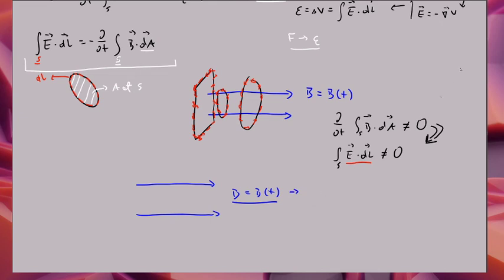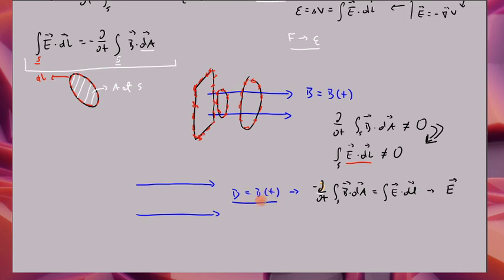So the time derivative of the flux, of B dot dA, is not zero through any surface here, and then you would get what that gives you. Of course, there's a negative sign here. You would end up with E dot dl not zero, and so that means that there is an electric field present.